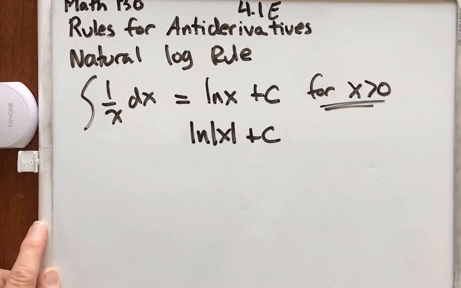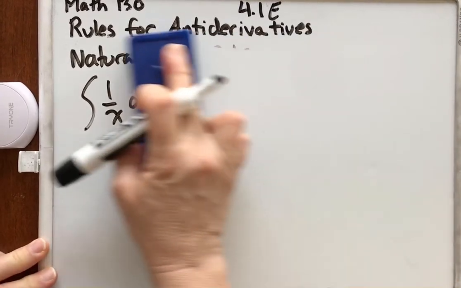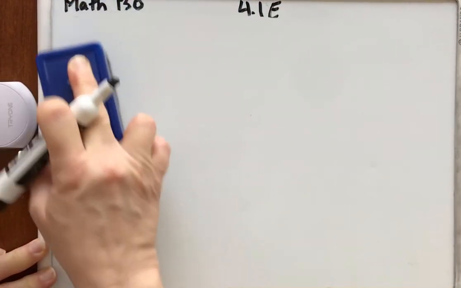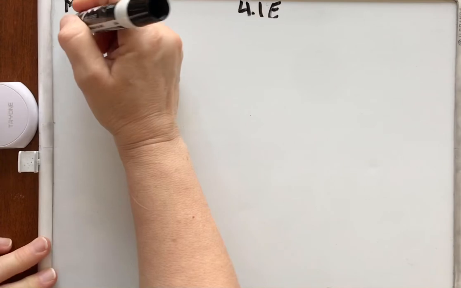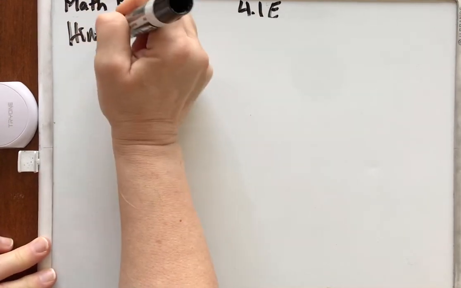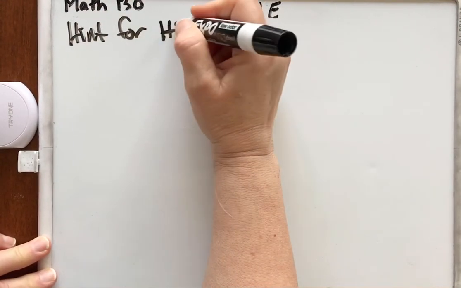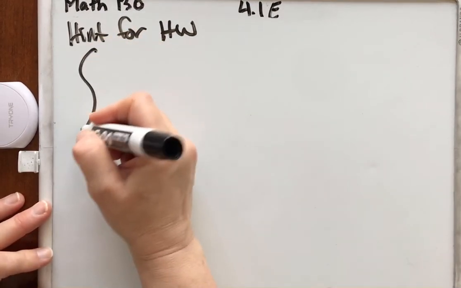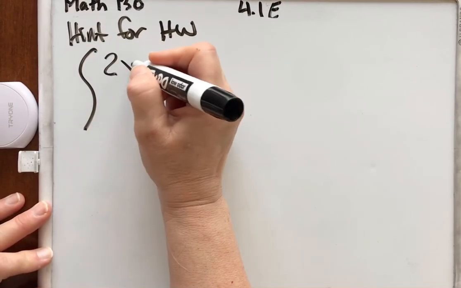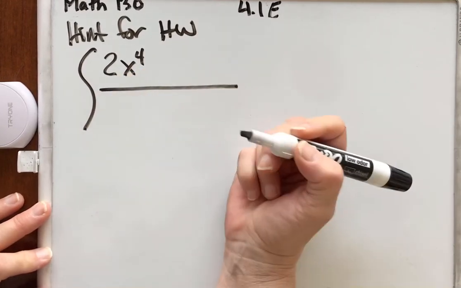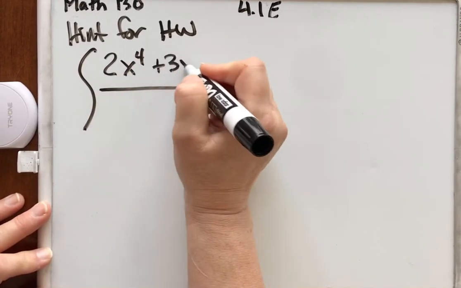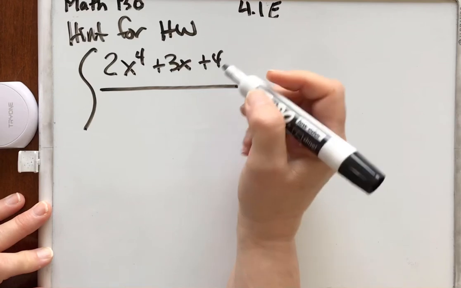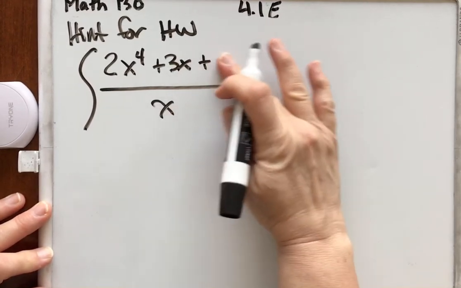Okay, so now I'm going to give you a hint about a homework problem. It's going to take up a little space here. So here's a hint for homework. You'll be given a problem something like this, where we have 2x to the 4th plus 3x plus 4, all over x.